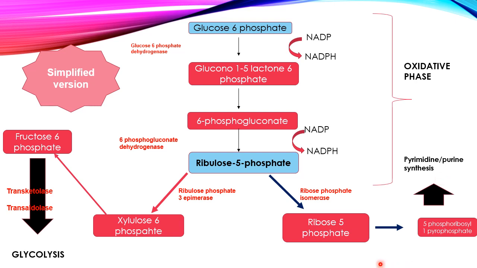Okay, I hope it is clear for you to understand the pentose phosphate pathway. This generalized diagram can be used to explain the pentose phosphate pathway for examinations as well. You don't find this in your notes, but you can use this diagram in your answers in exams.